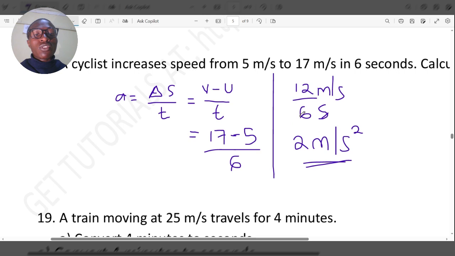We get 12 divided by 6, which gives us 2 meters per second squared. So that is how we work out acceleration. And remember that we are dividing meters per second by another second. That is why we have meters per second squared.